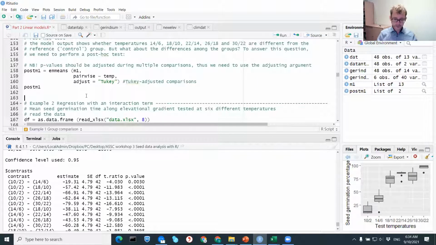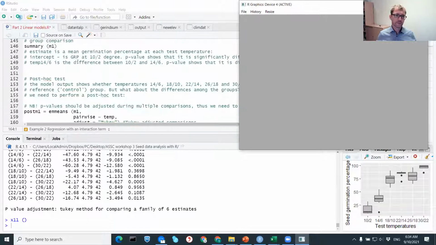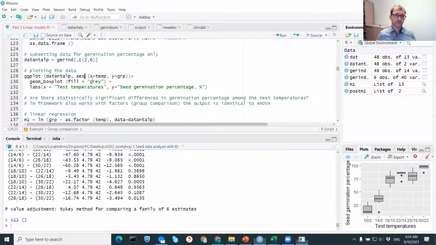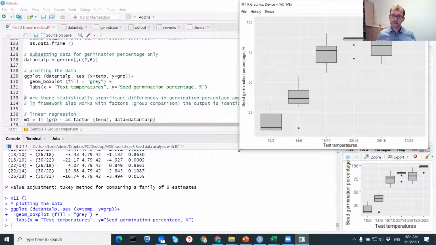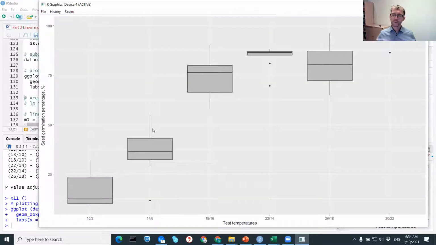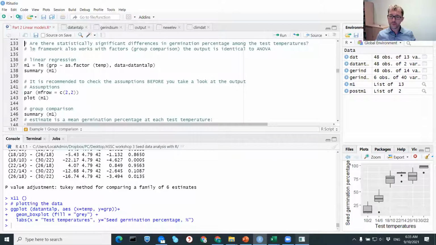And there is the good X11 function, and I think this is the question. So basically, it calls a separate window, and I can plot, for example, this graph in a separate window, right? So I can make it bigger, for example, move it to another screen if I'm working on two. So basically, it has the very same functionality as the function in RStudio, but I know that this function doesn't run on Mac computers, and I think this is the issue here.